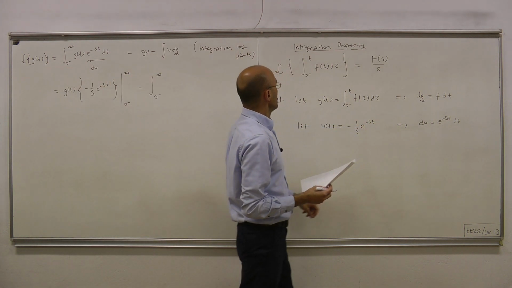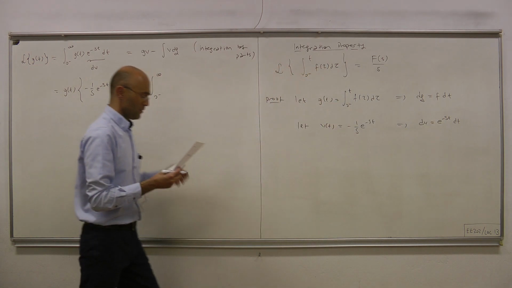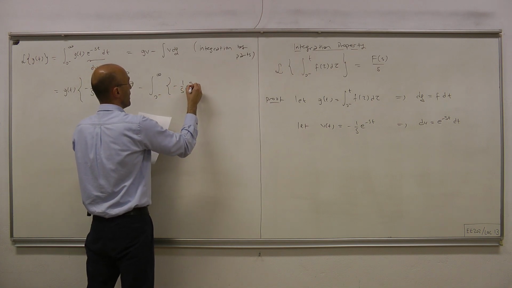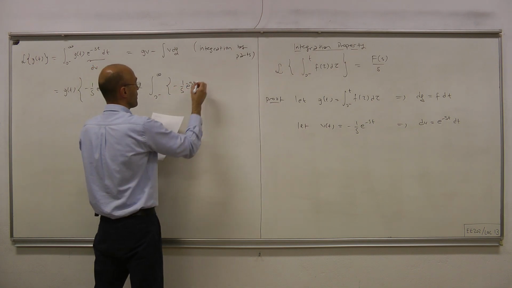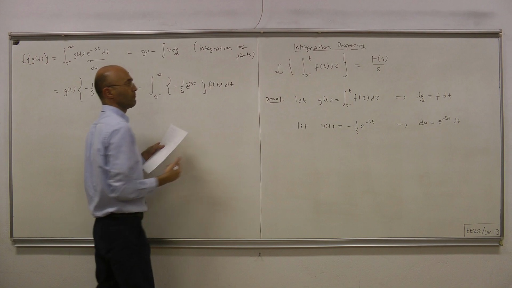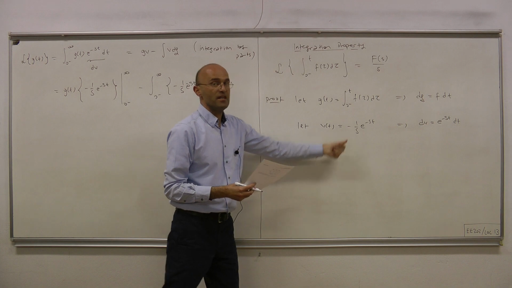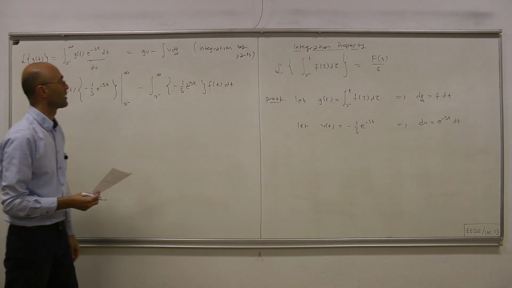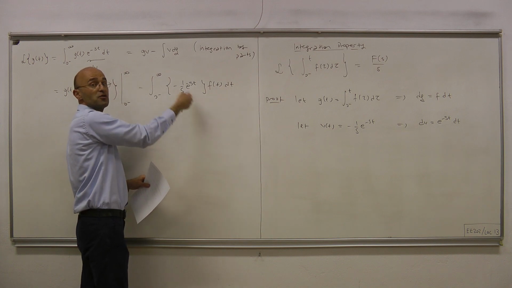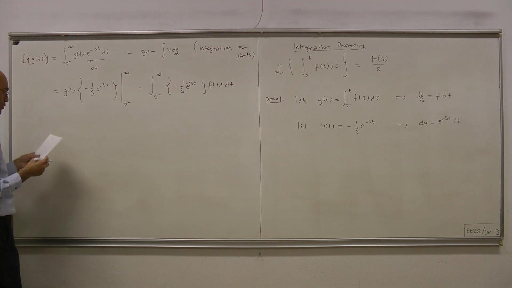Here dg is f dt, and v is here, so what we have is minus 1 over s e to the minus st f of t dt. Now integration is with respect to t, therefore we can take this 1 over s term outside the integration.